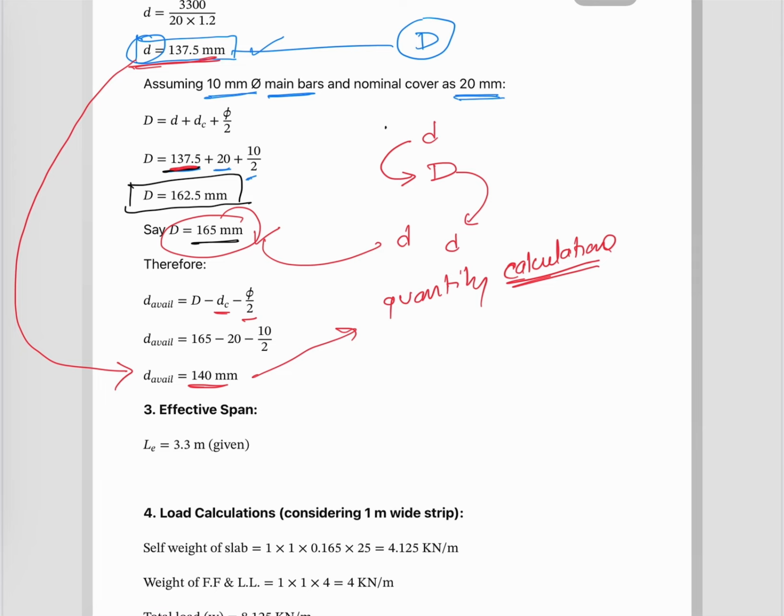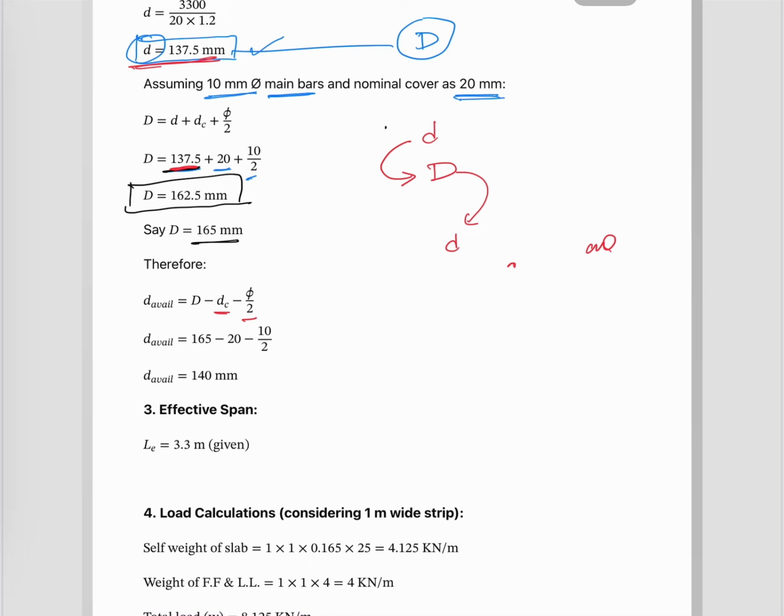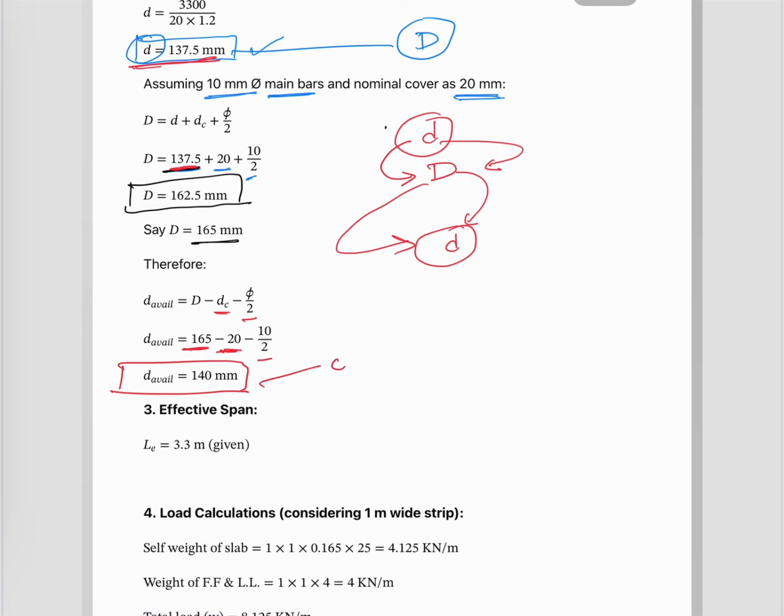So it is very simple that we follow this phenomenon: we first calculate the effective depth, then we calculate the overall depth, and then again from this we calculate the effective depth by subtracting the clear cover of 20. So 165 minus 20 minus 10 by 2, we got 140. Now this is the overall depth we got.